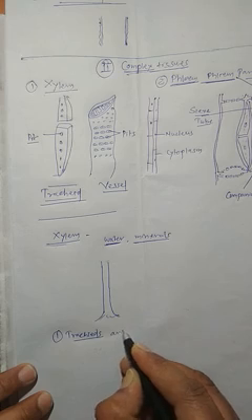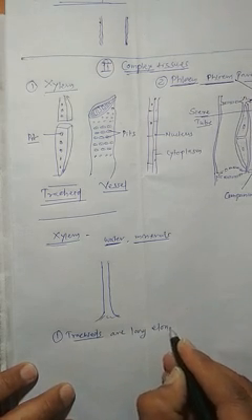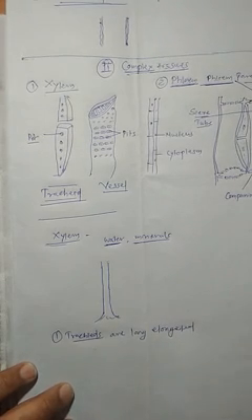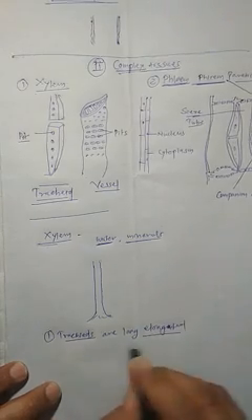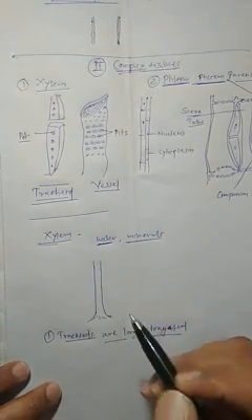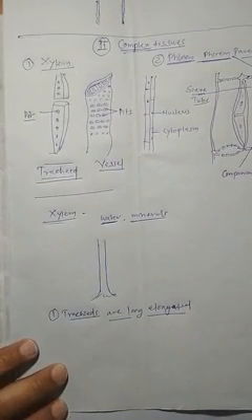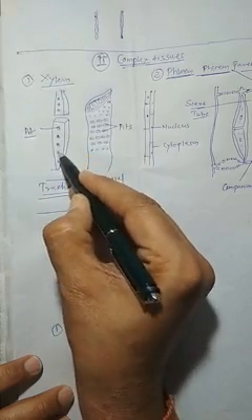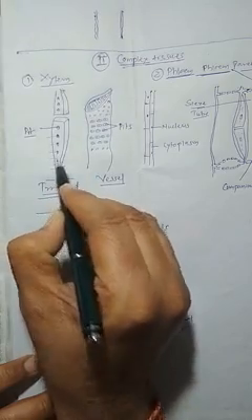Tracheids are long, elongated. Taper ending, I have told you. Tracheids transport water through the pits. These are the pits. They transport water through the pits. Okay.